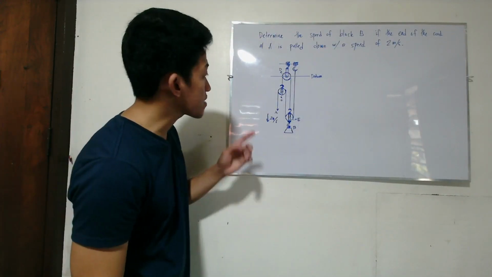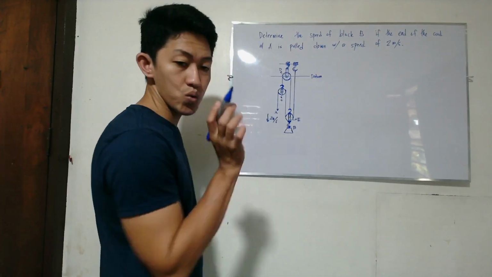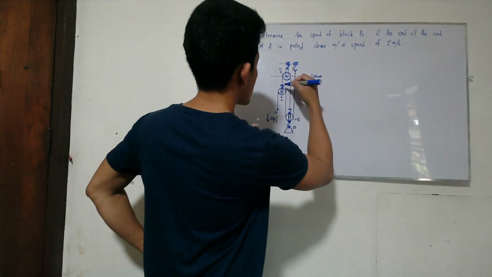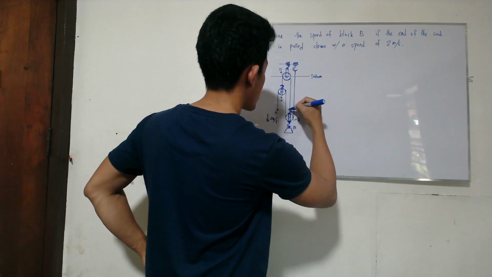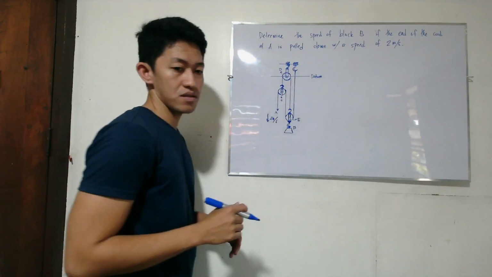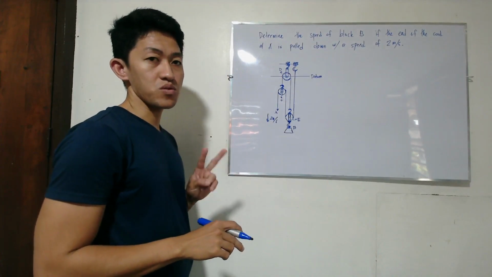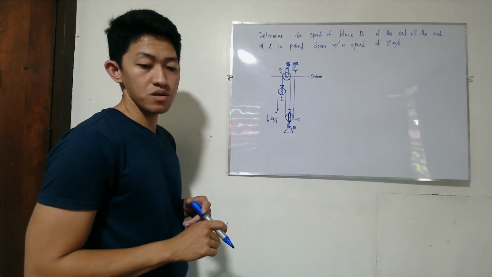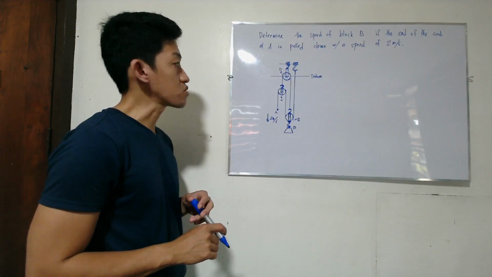Based on the diagram, we have two ropes: this is the first rope and this is the second. Since we have two ropes, we can expect two equations.